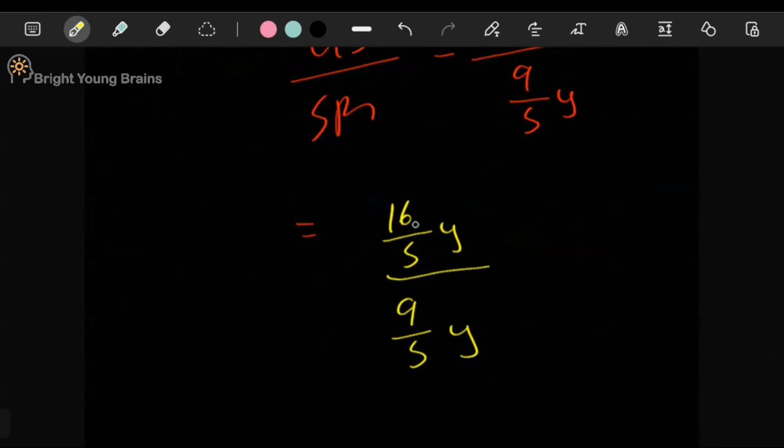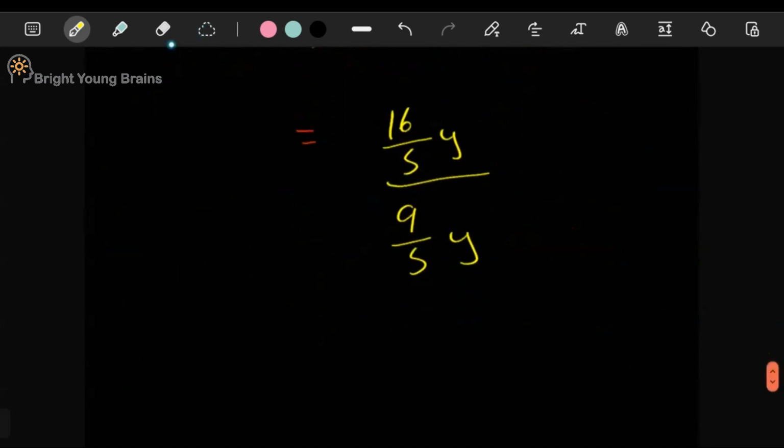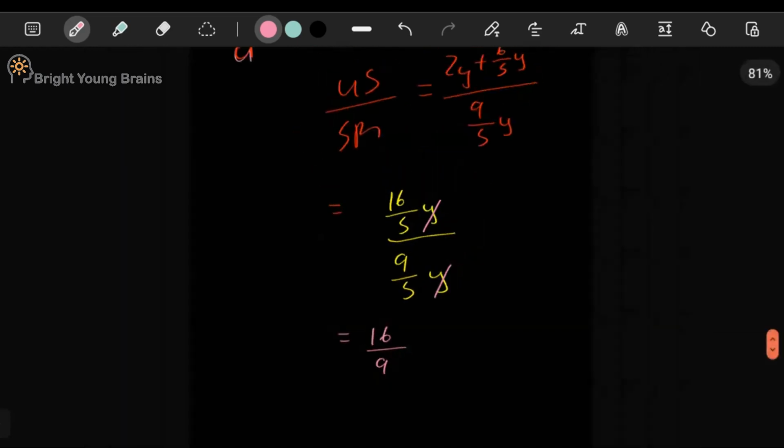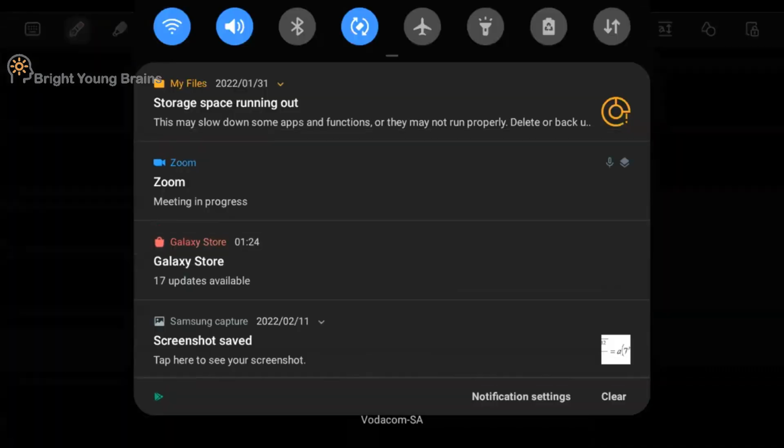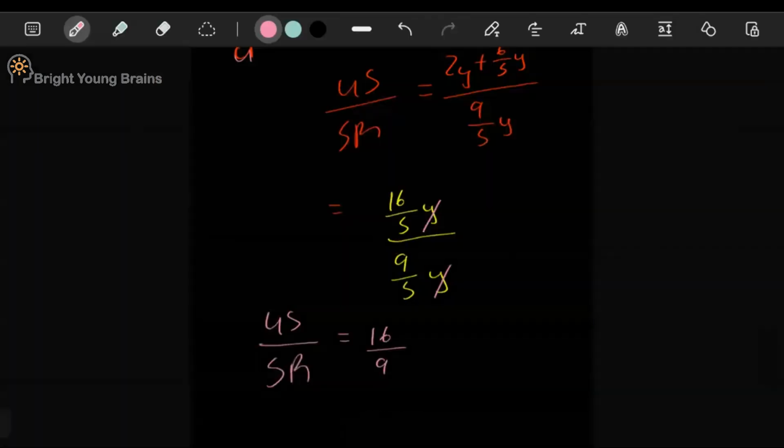Technically speaking, this is just a fraction over a fraction, and the y cancels out. So 16 over 9. There we go. What did the back of the book have? Also 16 over 9. Perfect. So that's basically the main idea behind all that we had to do.